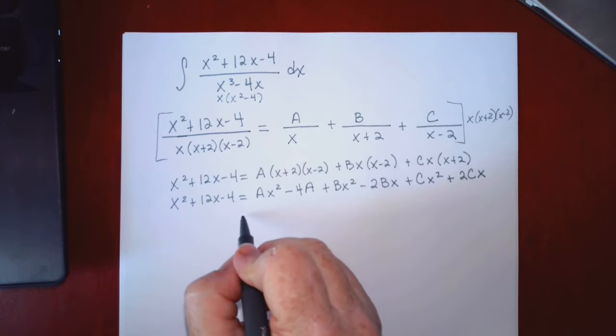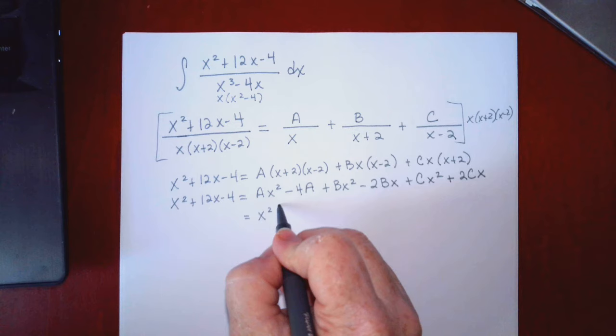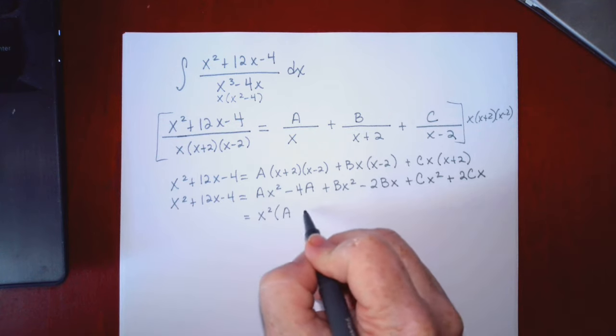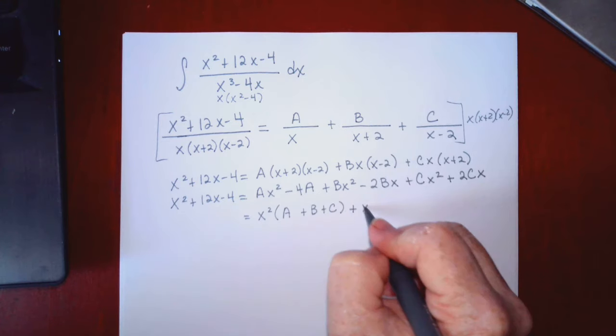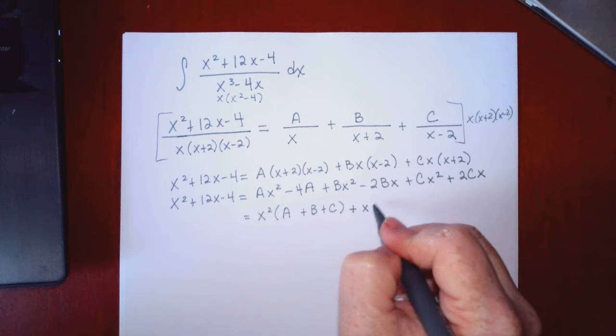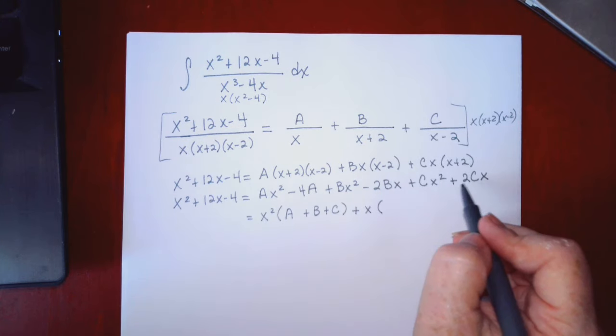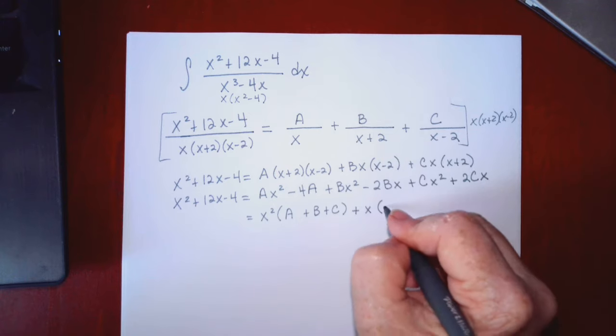So all I'm doing is regrouping the terms on the right. So now I have x squared terms: I have an x squared times a plus b plus c. I have an x times, it looks like, negative 2b plus 2c.